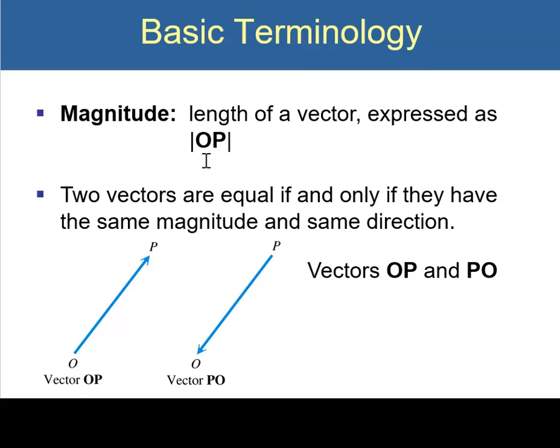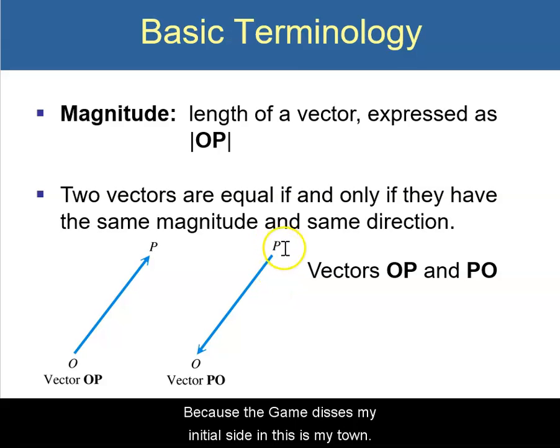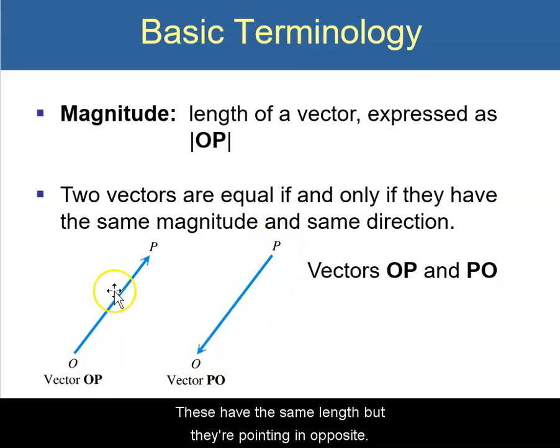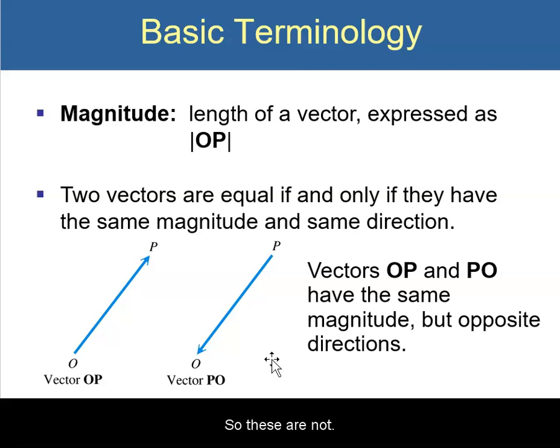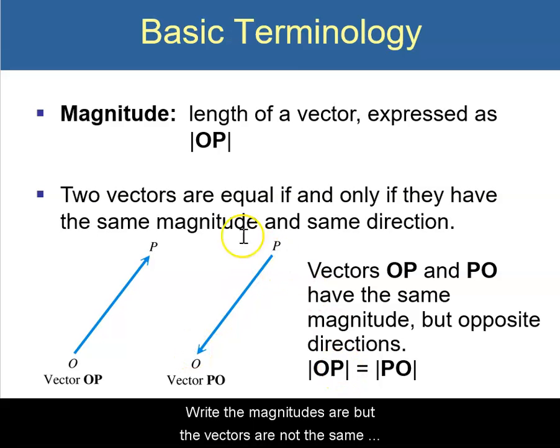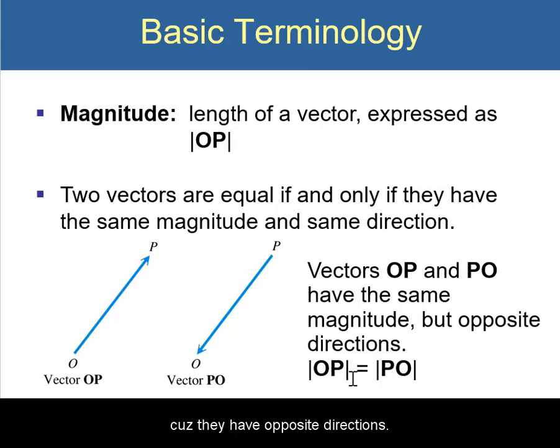So the vectors OP and PO, because again, this is my initial side and this is my terminal side, have the same length, but they're pointing in opposite directions. So these are not the same. However, their magnitudes are the same, but the vectors are not because they have opposite directions.